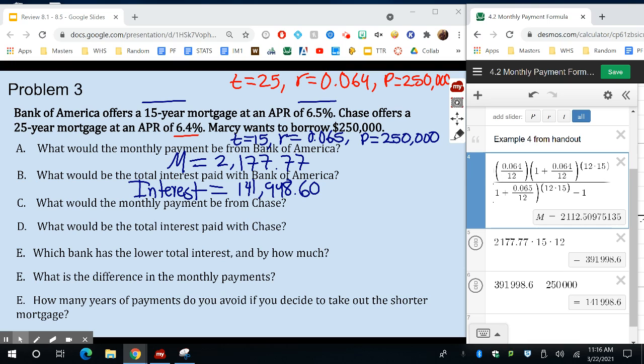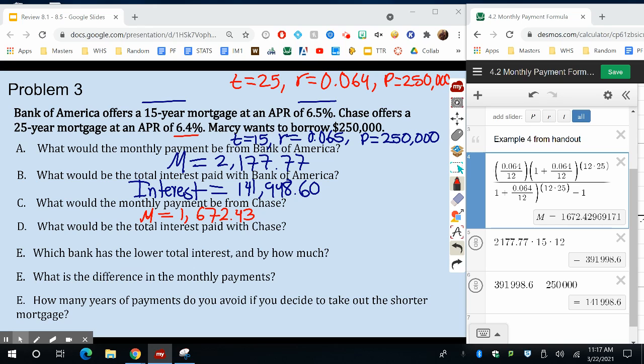Instead of 15, now we have 25, 25, and 6.4. And it gives me a significantly smaller monthly payment. Monthly payment of $1,672.43.